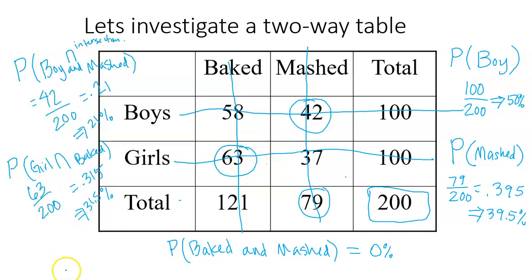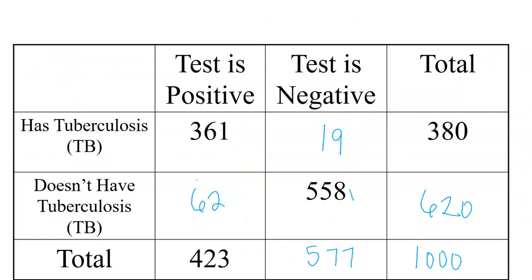Okay, this is getting pretty messy. So let's move to a new chart. So what if I were asked on this chart, looking at this data, what is the probability that a person tests positive for tuberculosis? So again, these 1,000 people are the people that the data was collected on.